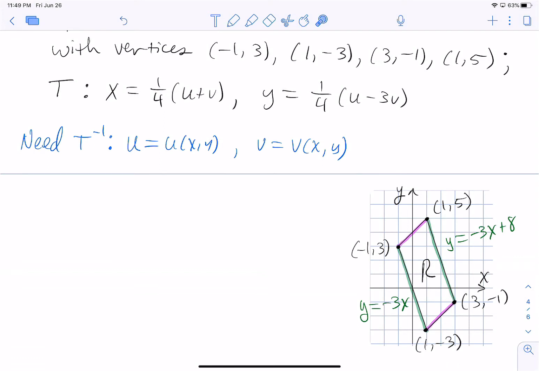The other two sides that connect (-1, 3) to (1, 5) and (1, -3) to (3, -1), I have in purple, and I will let you verify that they have equations y is equal to x plus 4 and y is equal to x minus 4.